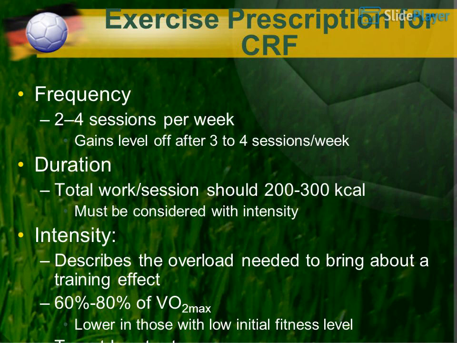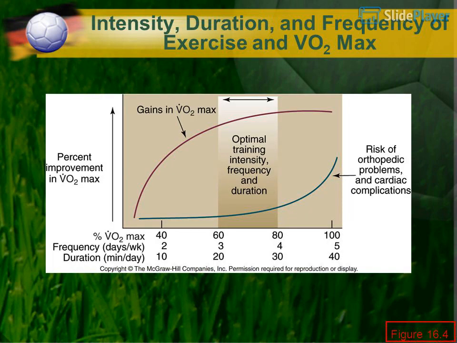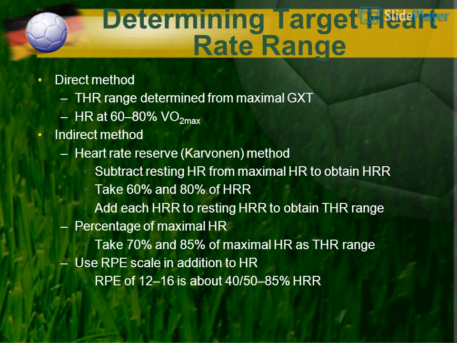Target heart rate range, intensity, duration, and frequency of exercise and VO2 max. Figure 16.4: determining target heart rate range. Direct method: the THR range is determined from a maximal GXT, the HR at 60 to 80% VO2 max.